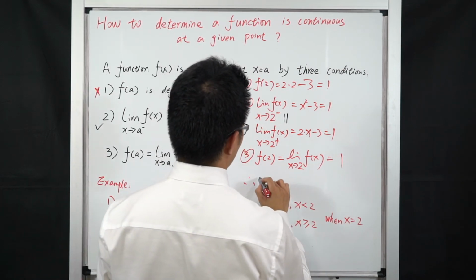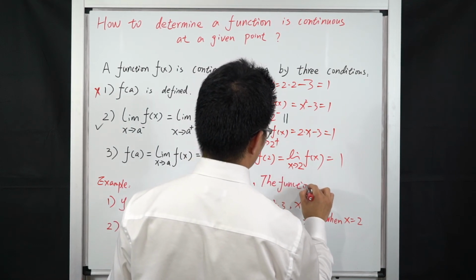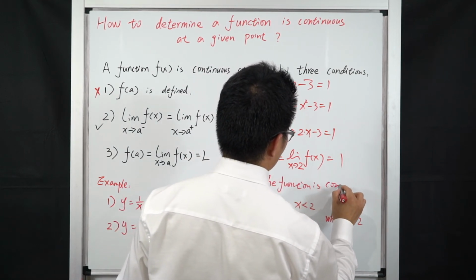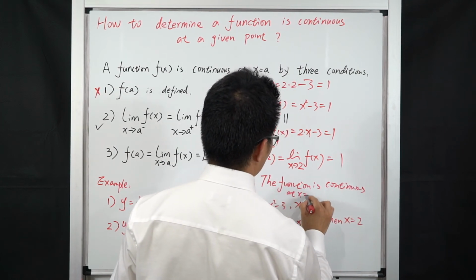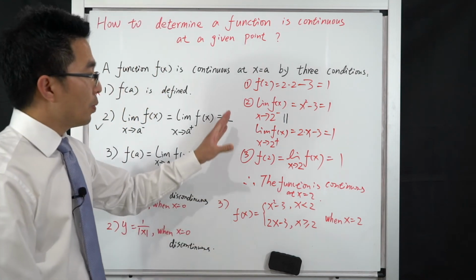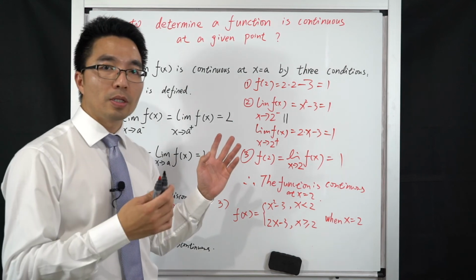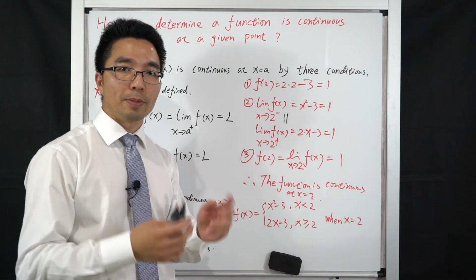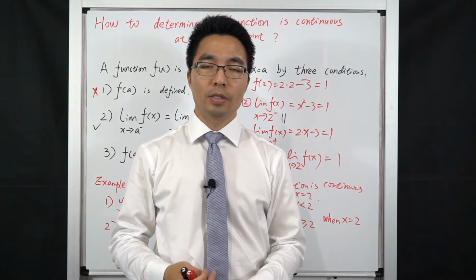Then we can say the function is continuous at x equal to 2. We can check the function based on these three conditions to see whether this function is continuous at a specific point.